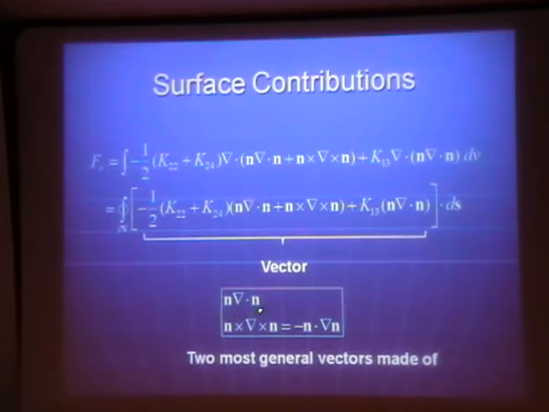One is n divergence n, and the other one is a bend deformation like n cross nabla cross n, which is exactly the same as n dot nabla n. So these are the two most general vectors that we can construct using n and the gradient of n. So the surface contribution is actually made up of these two terms.